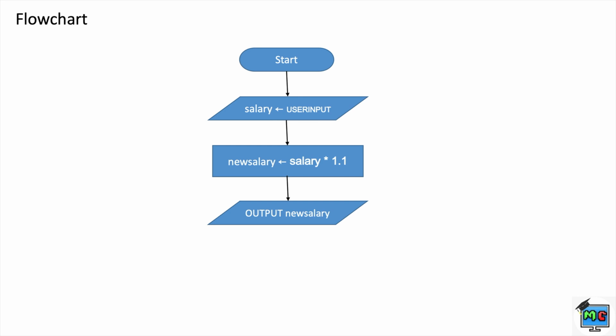Then you have your end symbol, the stop symbol. You go down, arrow, and then you have the stop symbol like this. Switch shape, stop. Flow chart's done.